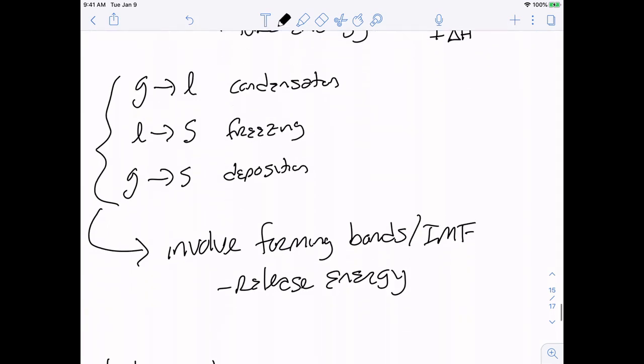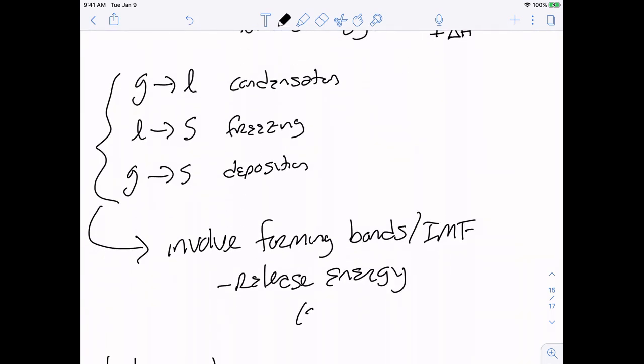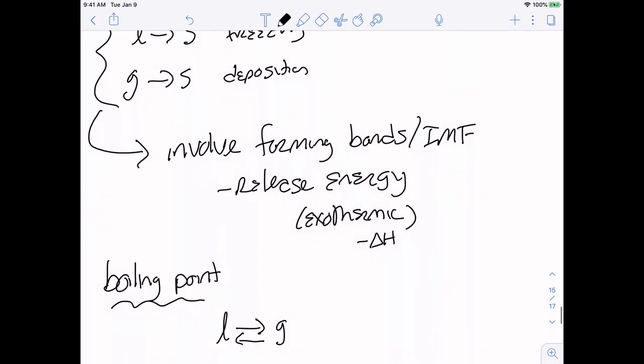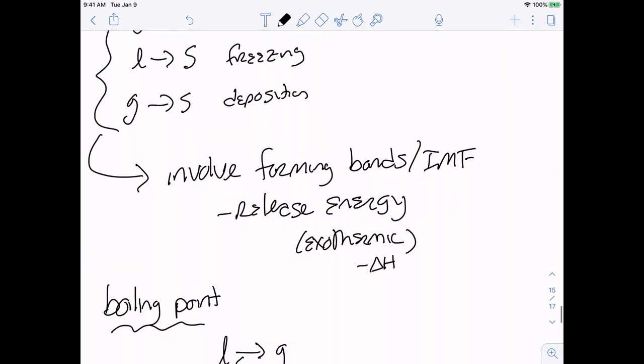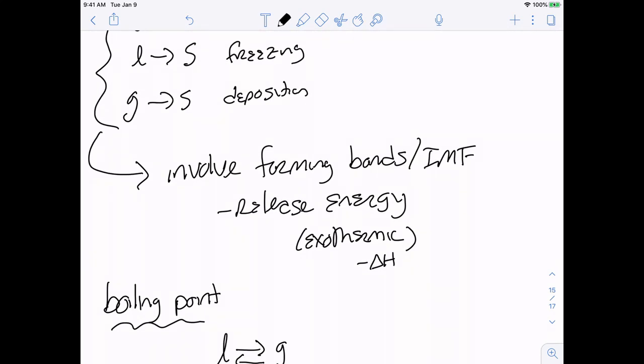These ones that are releasing energy, right? Energy is being given off. These are going to be exothermic. They're going to have a negative enthalpy change, right? If they're releasing energy, they have less energy after they formed than when they started, so H final is less than H initial.